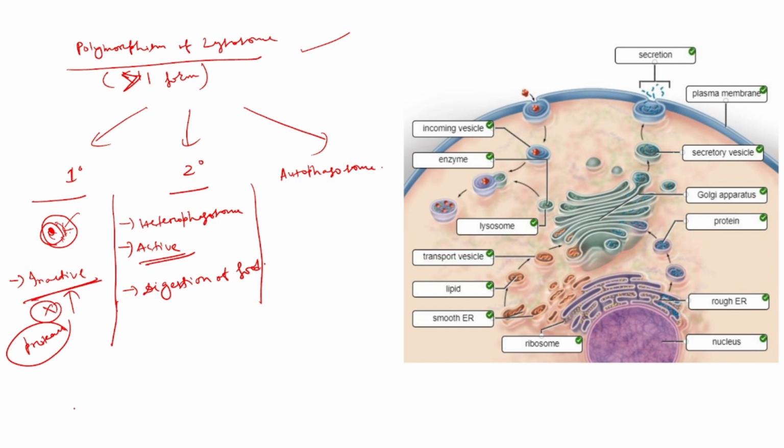The main function of the secondary lysosome is the digestion of food. So what is the digestion of food? Simply, let's say in the stomach cell, there are many different types of cells present.